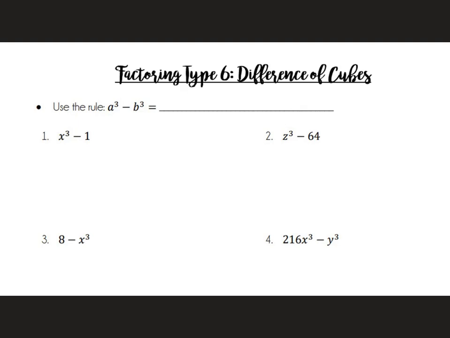The sixth type of factoring is called difference of cubes, which is exactly like what we were doing before, except this time now I have a cubed minus b cubed. The formula is the exact same, so I have a and then b, a squared, ab, b squared. Same idea. These two signs are going to be the same.